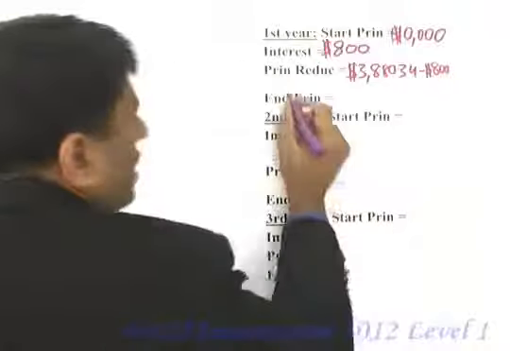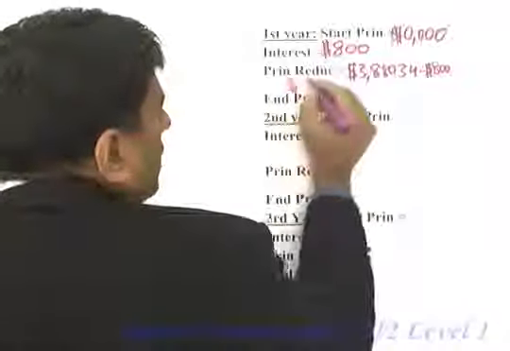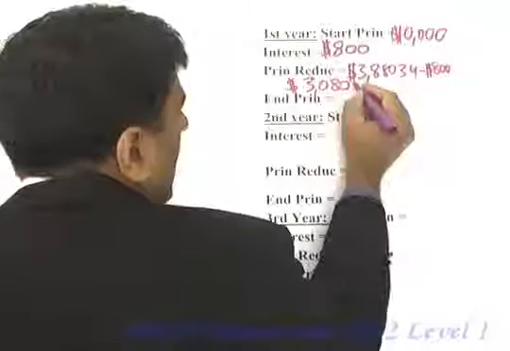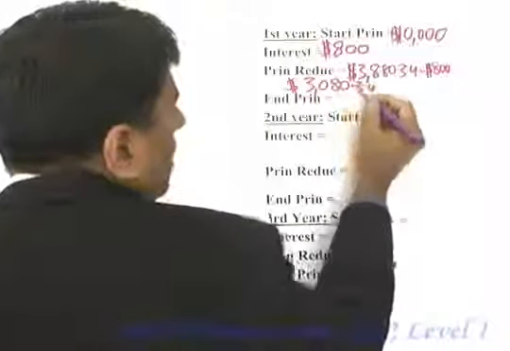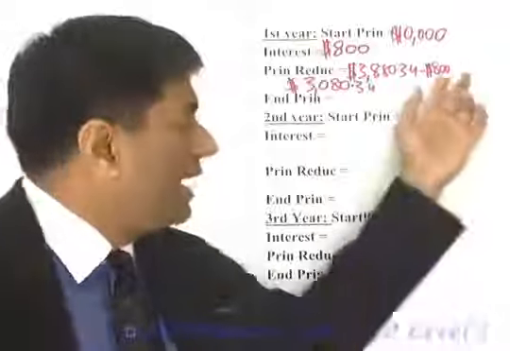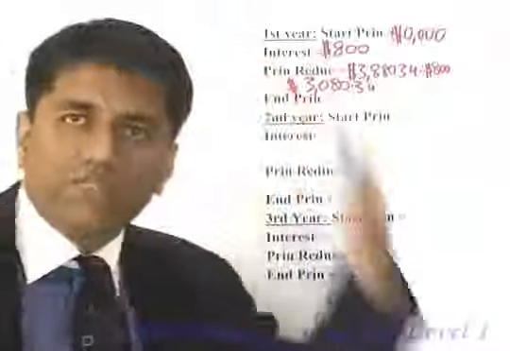So that's 3,880.34 minus 800, or that would be $3,080.34. So in the first period, of the 3,880.34 which was paid, 800 is interest payment and the remaining reduces the principal.